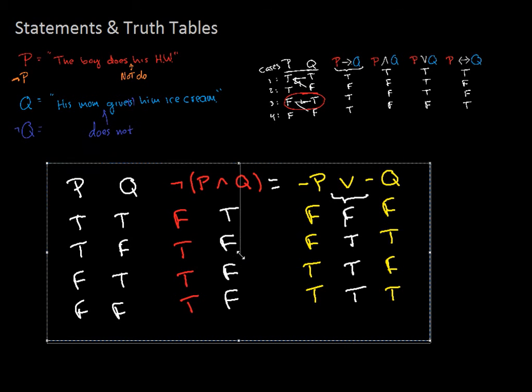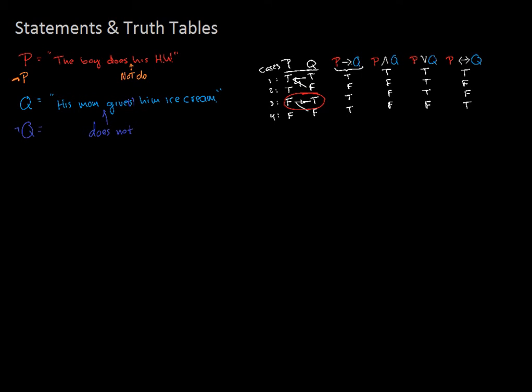Just put that off to the side. I'll put it over here for now. Let's say not (P or Q) is equivalent to not P and not Q. And remember, all you're doing with this negation is you're changing everything on the inside.